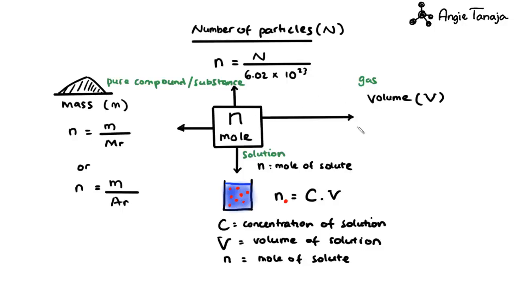We have so-called RTP. What is RTP? RTP is room temperature pressure, which is 1 atmospheric pressure and 25 degrees Celsius. If this is the condition, then the mole of that particular gas is equal to the volume over 24.